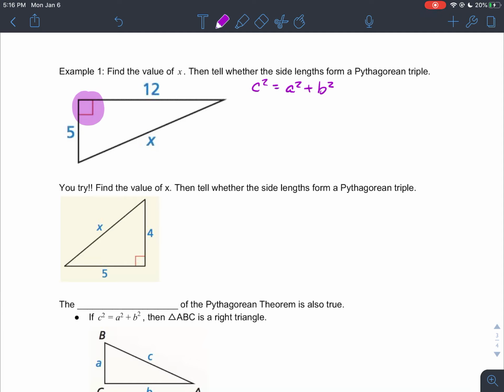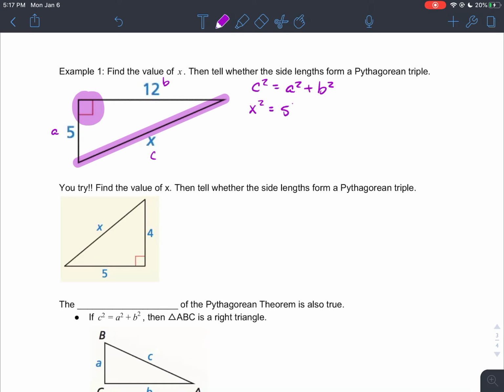And we know that c squared is the longest side, the hypotenuse. It's also the side across from the right angle. So in this case, x is going to be our c value. A and b are the legs, so it doesn't matter which one is which. So c squared is x squared equals a squared plus b squared.